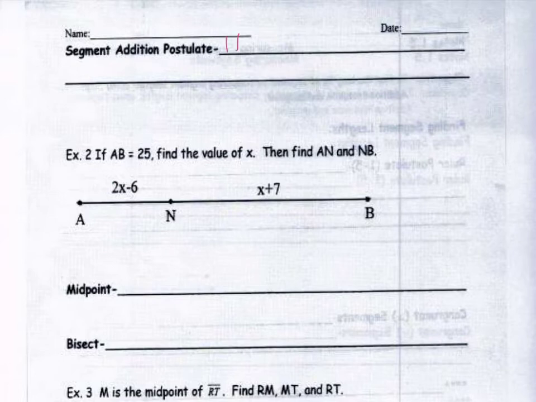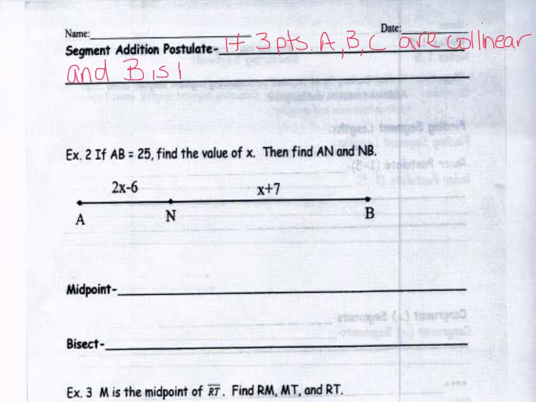And it says if you have 3 points, we'll call them A, B, and C, and they're collinear, and B is between A and C, that's my shorthand for between, then if you added the length of segment AB and segment BC, you would get the entire distance from point A all the way to point C.